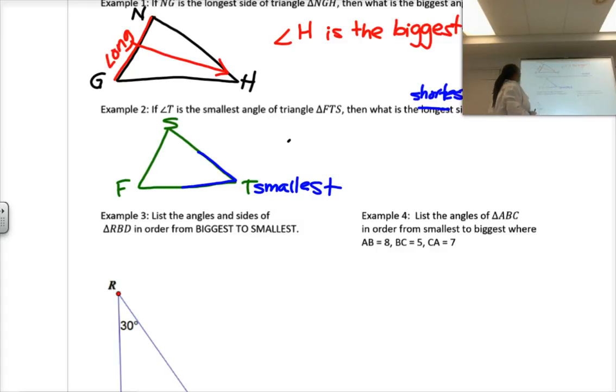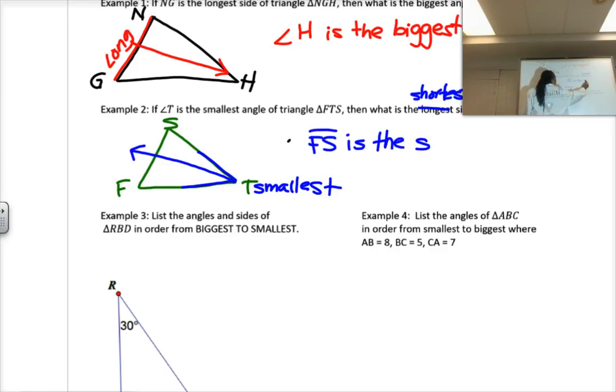Okay? So if T is the smallest angle, then what is the shortest side? We're going to start at T and shoot out from that angle, and we will hit the side that's opposite it. So we know FS is the shortest side.